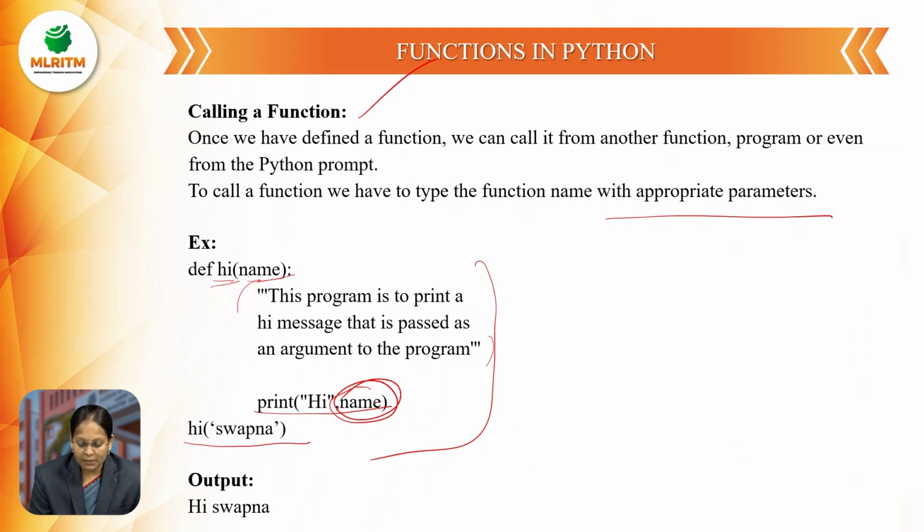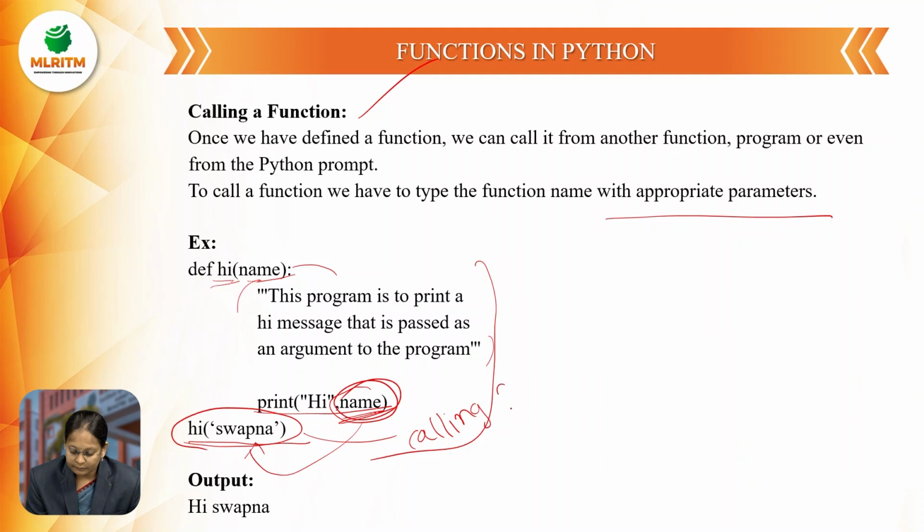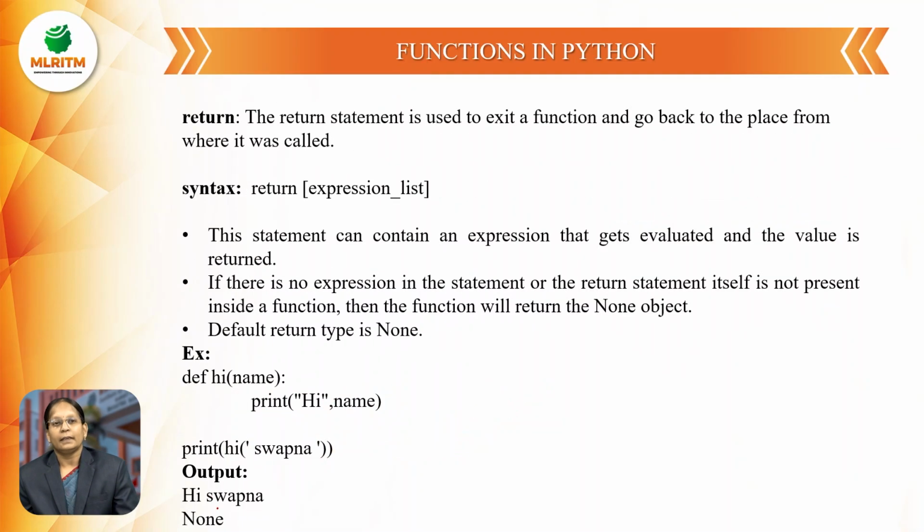This value came from here. This line is nothing but the calling function. So we are calling the function with values. Then the output is hi Swapna, because name came from this calling function and that value is Swapna.